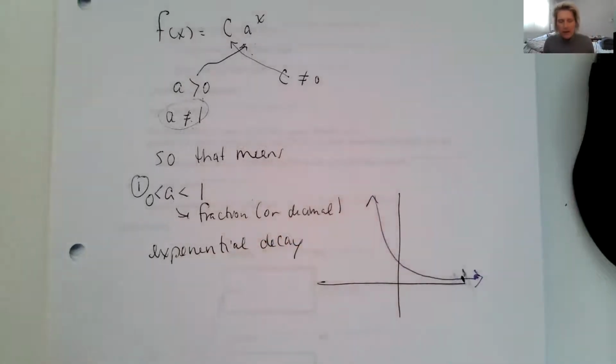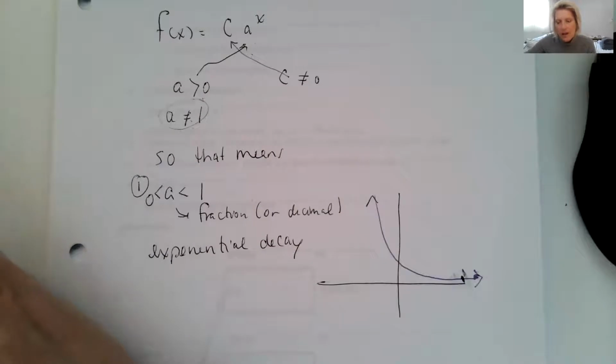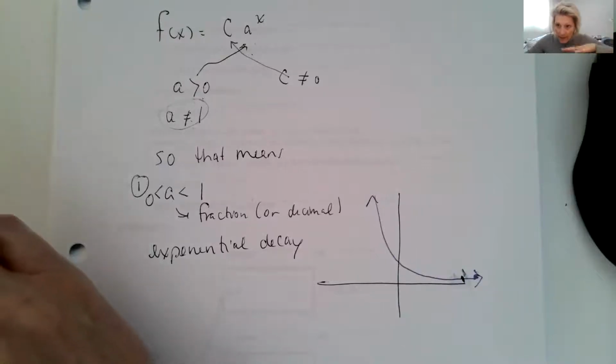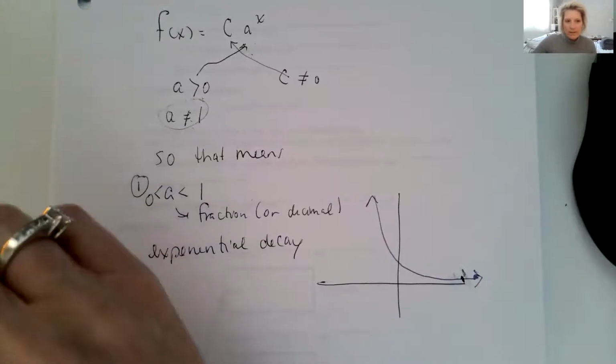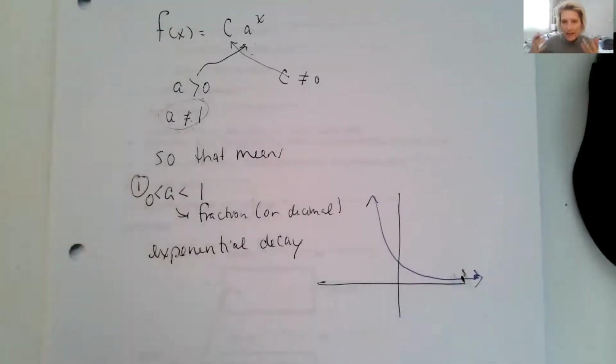If you've ever had an MRI or certain scans done at the hospital, they inject you with a dye, and that dye goes into your body so that the scan can see the dye as it's traveling through your body. It goes in so quick and comes out so quickly that they have to do the scan very, very quickly. That's because that chemical, that dye, has exponential decay really quickly.